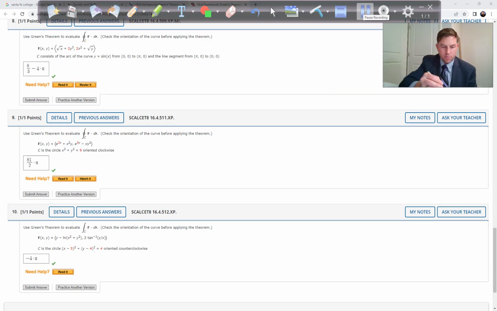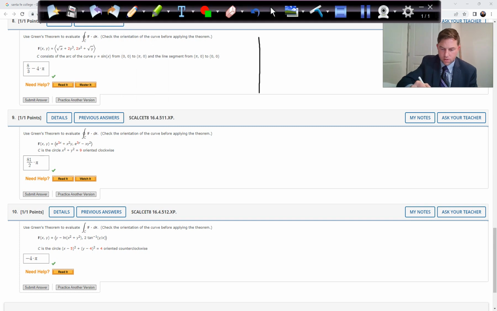Okay, last problem is pretty similar. We've got another circle. This time it's shifted 5 to the right and 4 up. So the center is right here. And it has a radius of 2 now. So 4 is equal to radius squared, therefore the radius is 2. So we would have 1, 2, this one's down here, here, here, and over here.